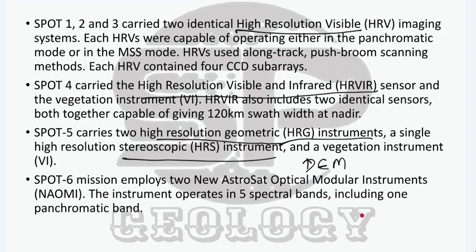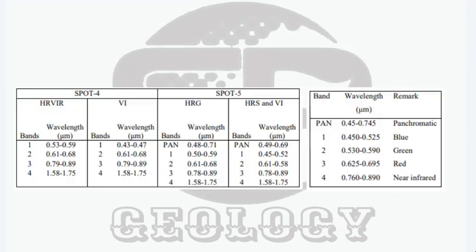That means height and elevation data we can also get. Okay, SPOT 6 includes the new AstroSat optical modular instrument. Now these are the sensors. You can see here what the bands are in these sensors: HRVIR, HRG, HRS and VI. You can see what bands are used in this data.